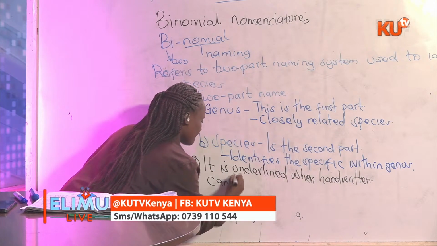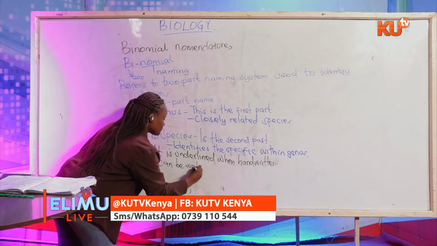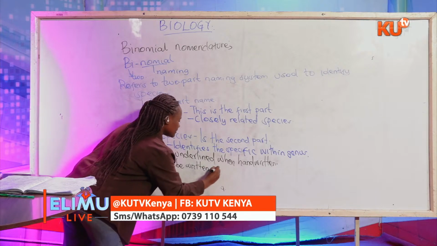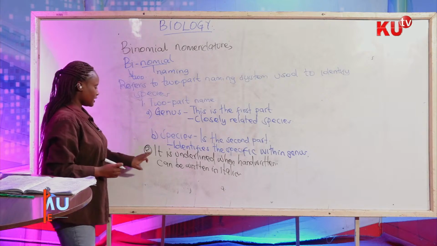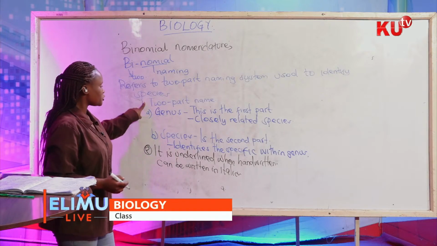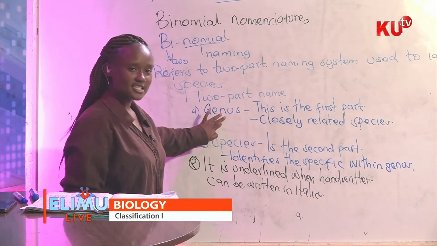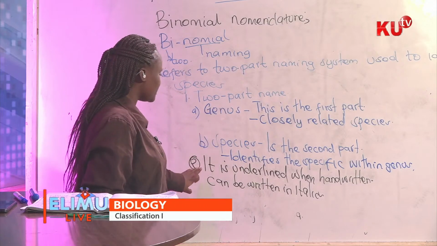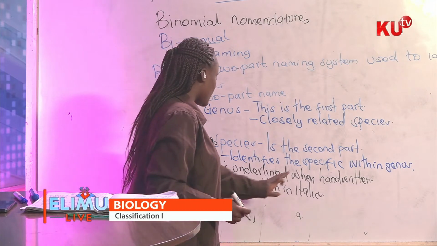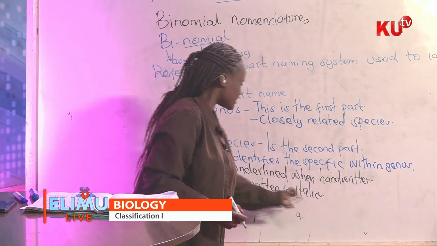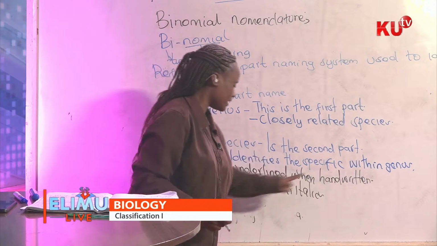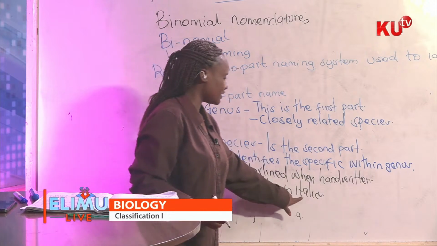So we have the two-part naming, we have the genus and the species. It is underlined when handwritten and can be written in italics.